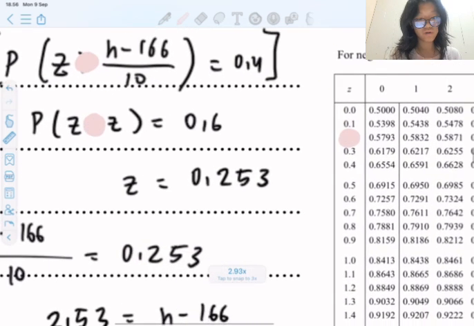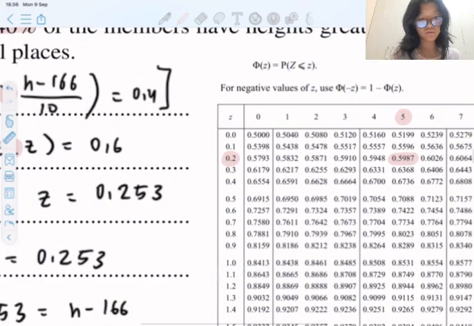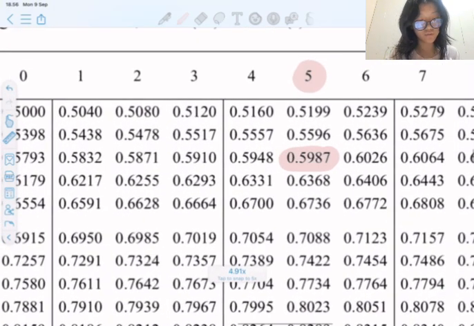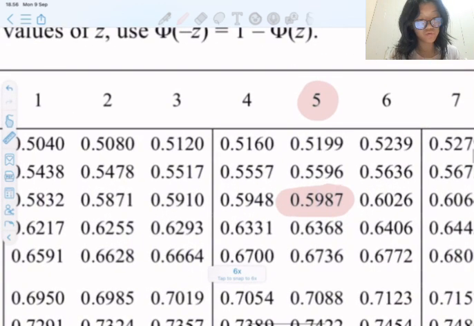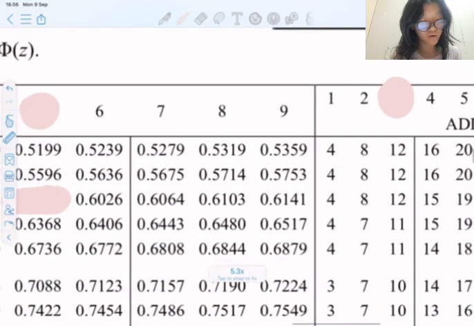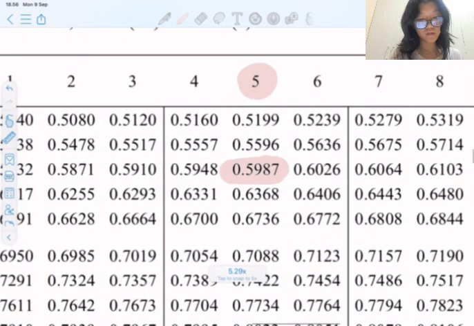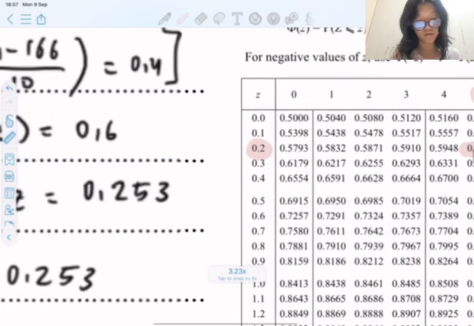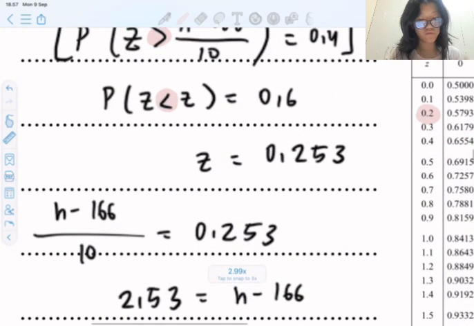So the probability, the Z which is the closest to 0.6 is this one. So this is 0.2, 0.25, and then we find that 12 is the closest number that can be added to this number that equals 0.6. So we get 0.253.